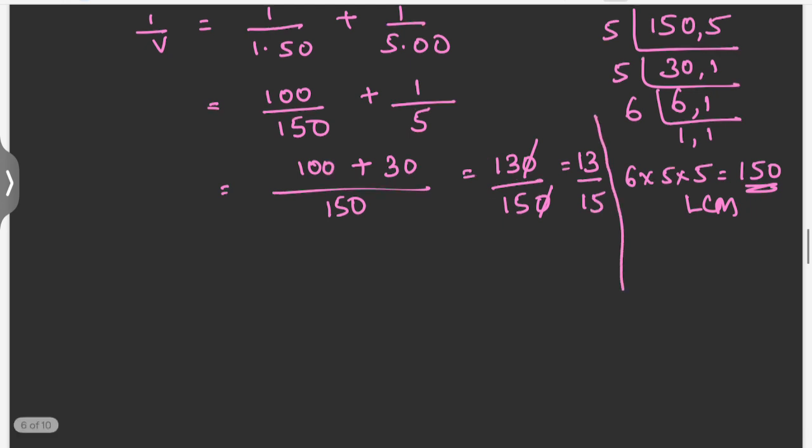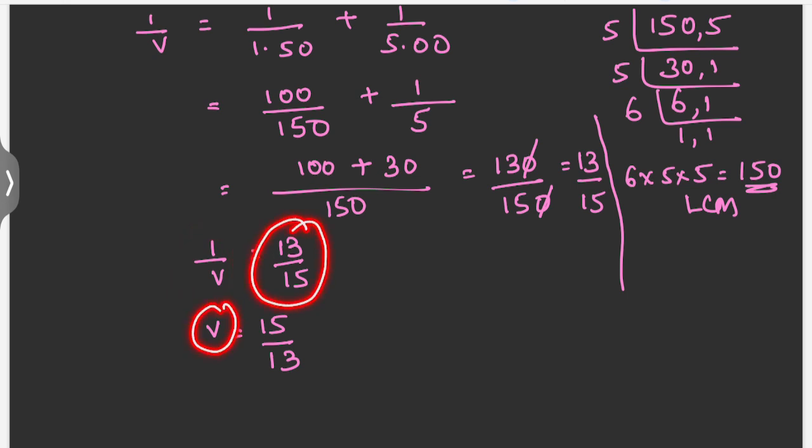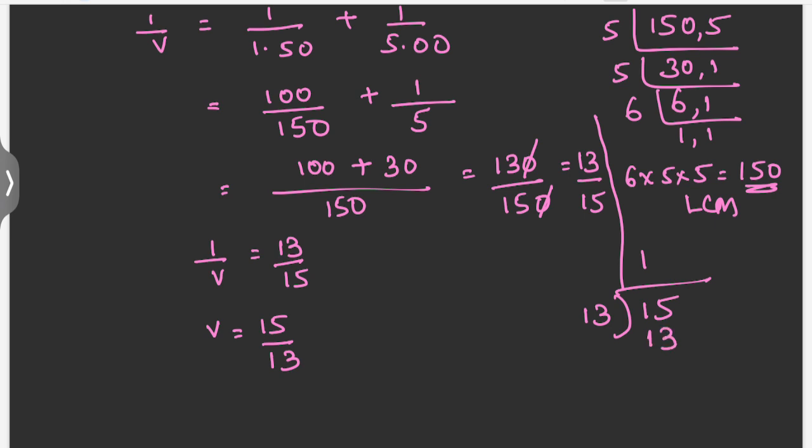Next step. 1 by V you are getting as 13 by 15. Then what is V? V will be equal to 15 divided by 13. So take the reciprocal. Now divide 15 by 13. 13 ones are 13, 2 remainder.